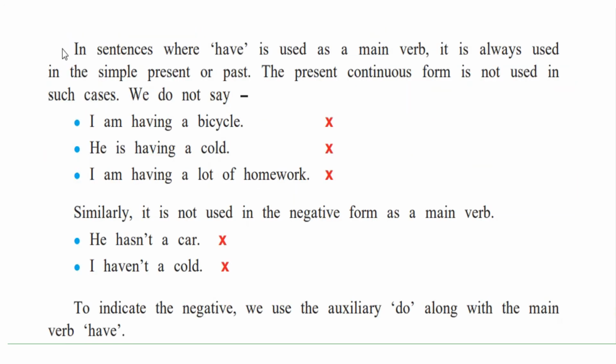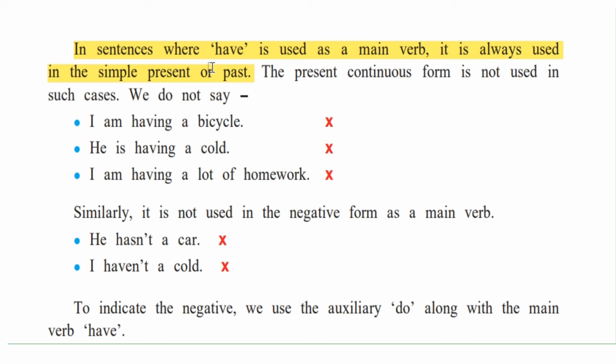Let's continue with the lesson. In the sentences where have is used as a main verb, it is always used in the simple present or past tense. So, in the earlier slides, we had seen how it is used in the present perfect tense and in the past perfect tense. In the present perfect and past perfect tense, we use it as a helping verb.